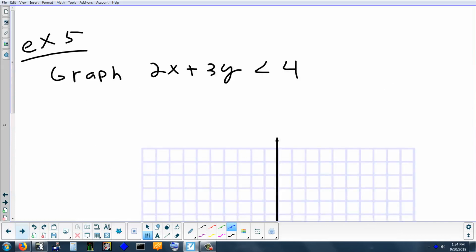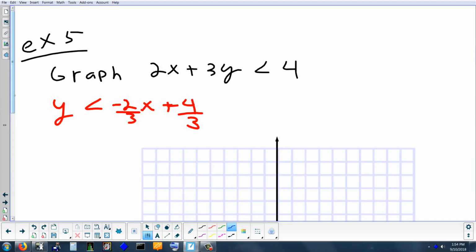So if I wanted to graph this one, first thing I would do is just get y by itself. So subtract the 2x, and then divide everything by what? Sorry. What would I divide by to get y by itself? 3. So what I end up with is this.